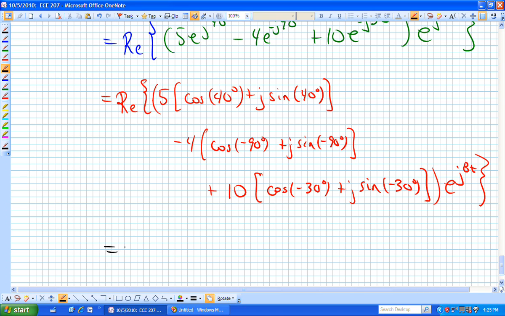Meaning, I now have the real part of 5 times cosine of 40 degrees, that's 3.830. The sine of 40 degrees, oh, I've already done my combination. So let me go ahead and combine the real parts.